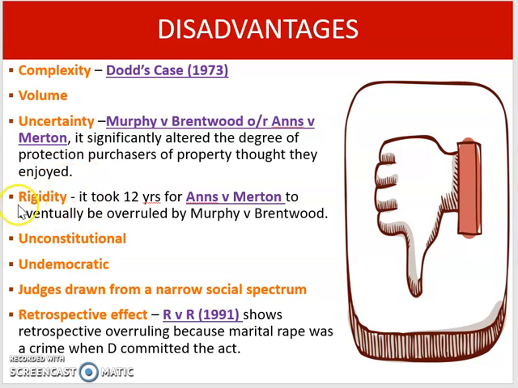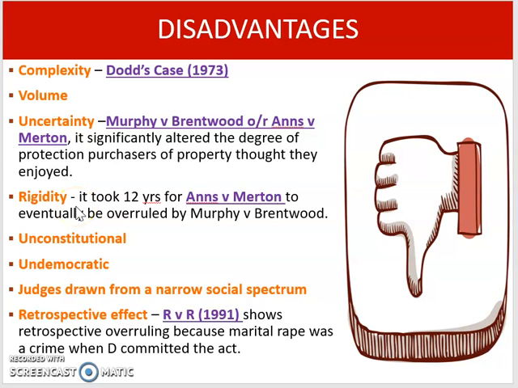Rigidity is another disadvantage. Now, we said previously that flexibility is an advantage of precedent, and it is, because the law can develop. But a disadvantage is that precedent can make the law very rigid.